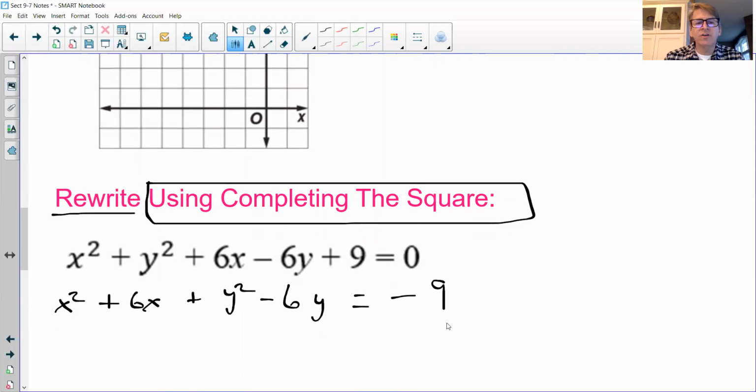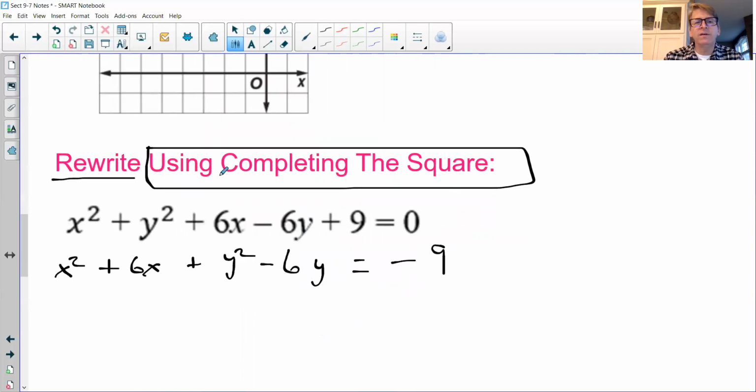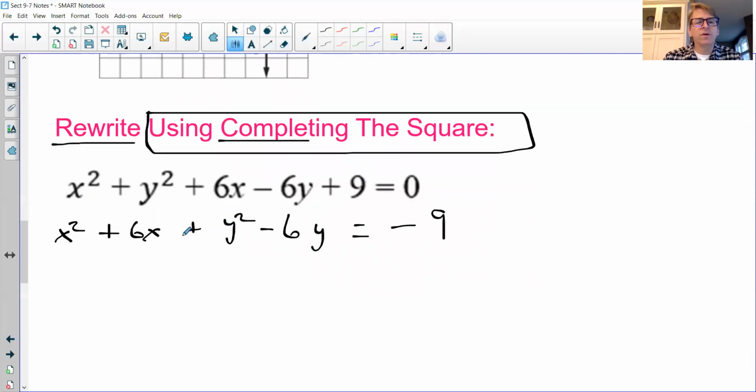All right, now what you're going to notice when we complete the square, we've got ourselves the x group over here, and you've got yourself the y group, okay? So we're going to focus on this group here first. When you complete the square, you focus on that middle term on a trinomial, this 6, and half it, which is 3, and then you square it, which is 9.